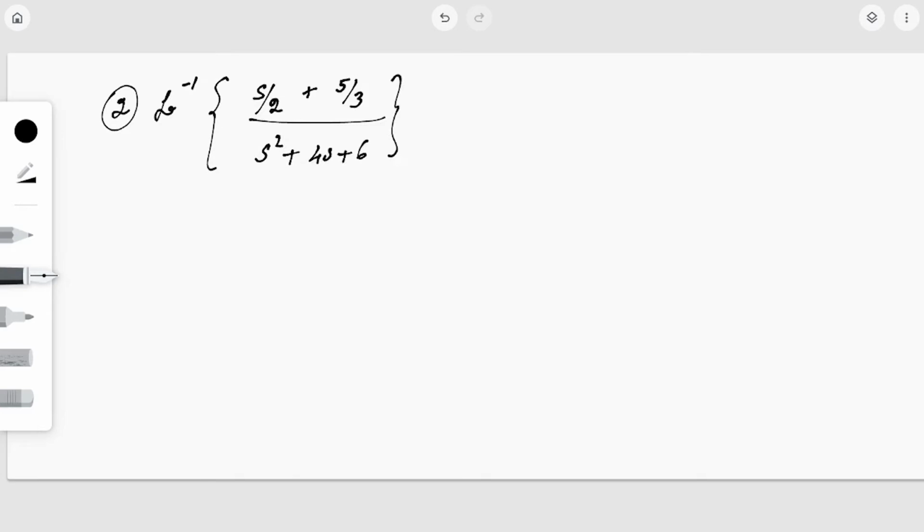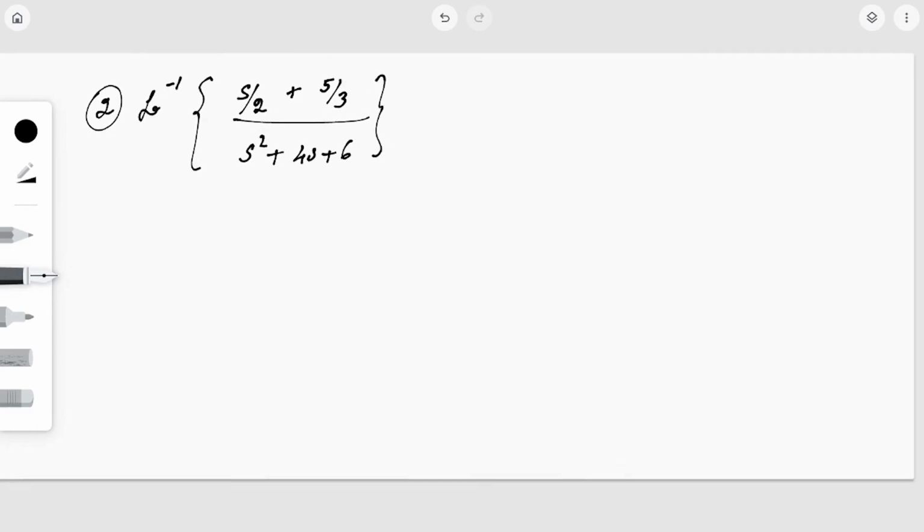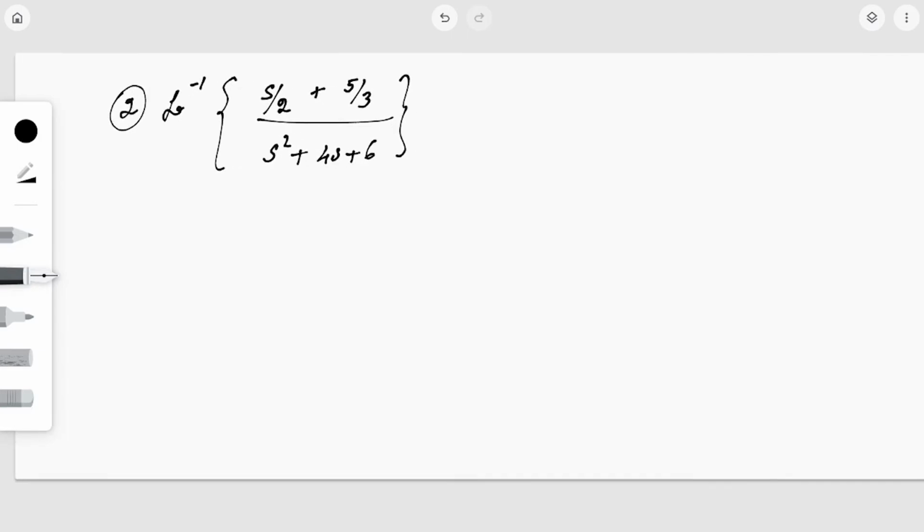Okay, so here again we have to apply our partial fractions and all. So let's see how we can proceed. We have s square plus 4s plus 6. This I can write as s square plus 4s plus 4 plus 2, right?